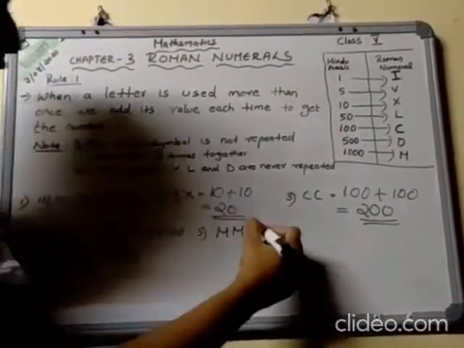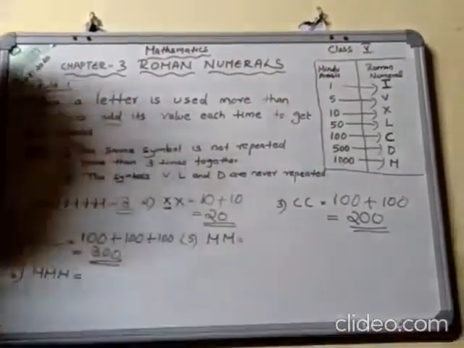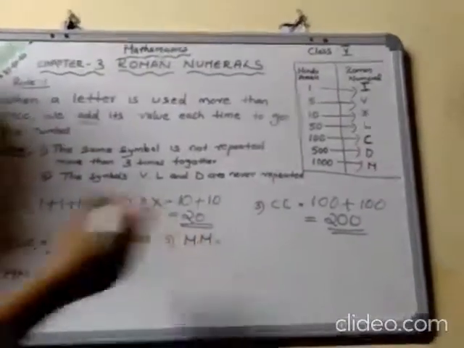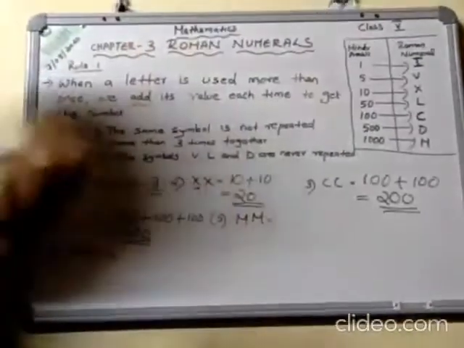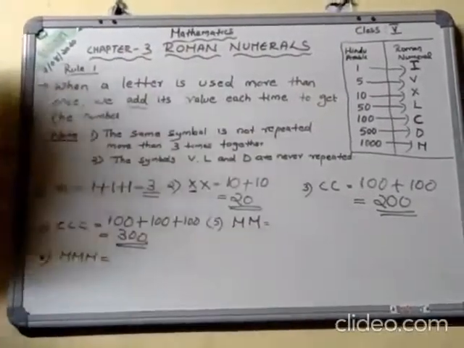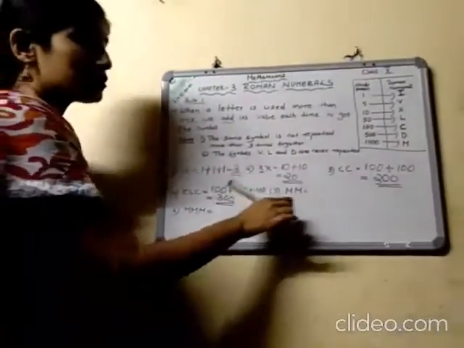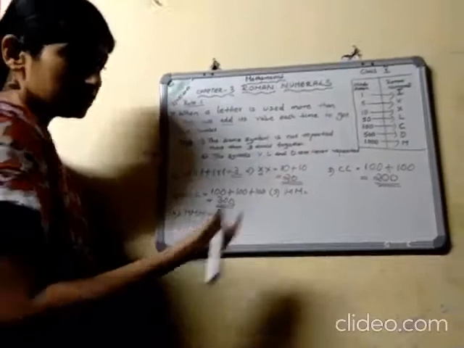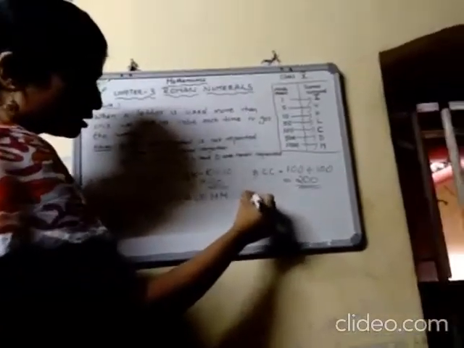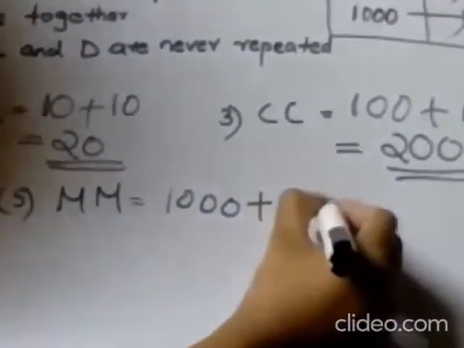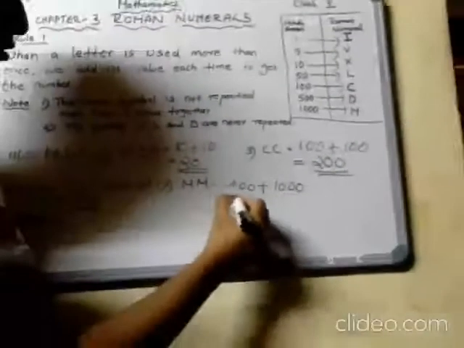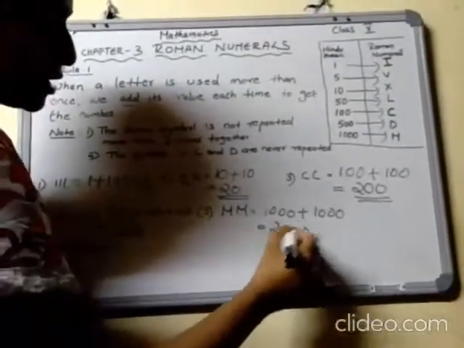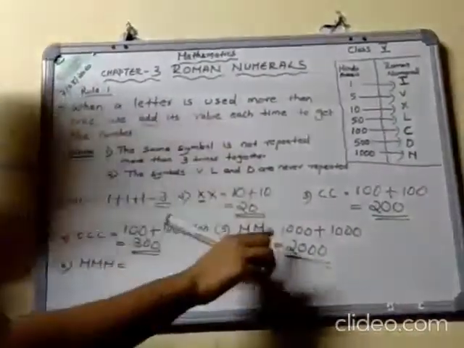What about M? What about this question? You know, M represents which Hindu-Arabic numeral? 1000. So if MM is given, what does this Roman letter represent? Which number? 1000 plus 1000 equals 2000. Is it clear? MM is a representation of 2000.